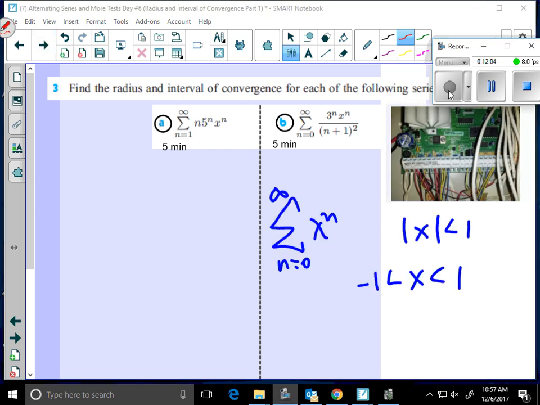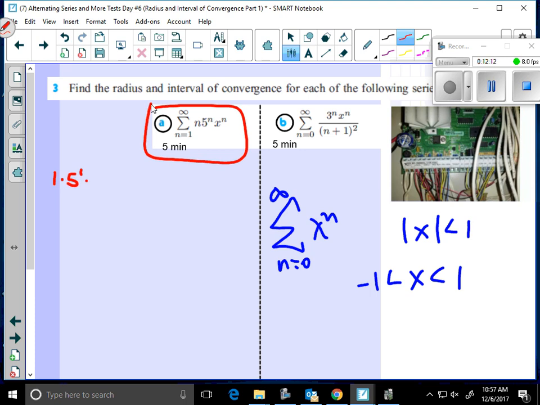What would the first term of this series be? 1 times 5 to the 1 times x, right? So I get 5x. What would the second term be? 2 times 5 squared times x squared, right?